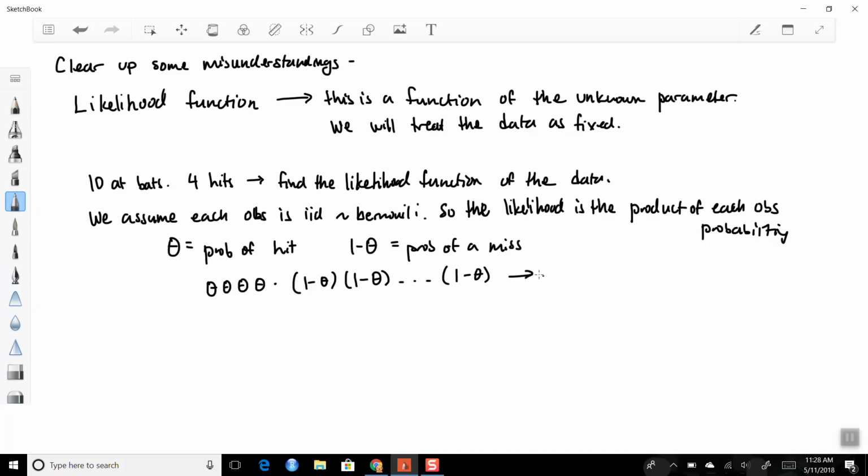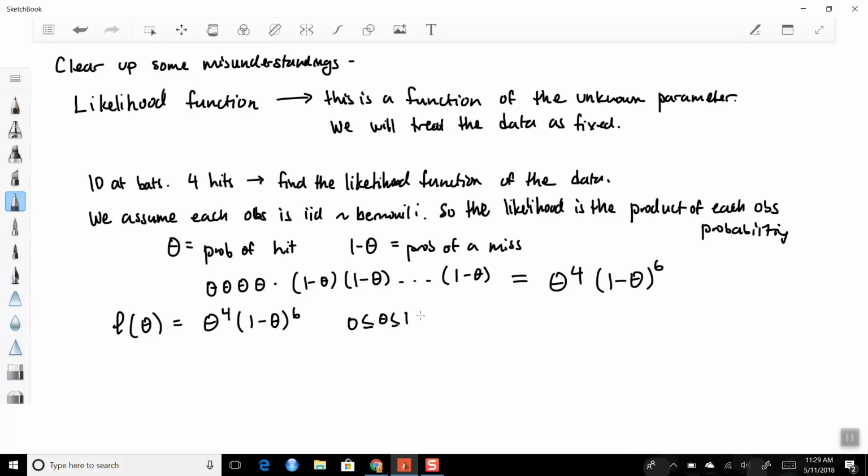And this would become equal to theta to the 4th times 1 minus theta to the 6th. Okay? And this is our likelihood function. The likelihood function over the parameter theta is equal to theta to the 4th times 1 minus theta to the 6th, and this is defined for 0 less than theta less than 1.